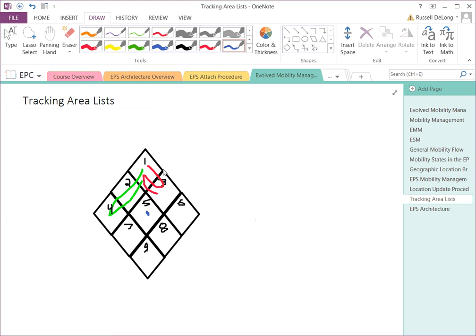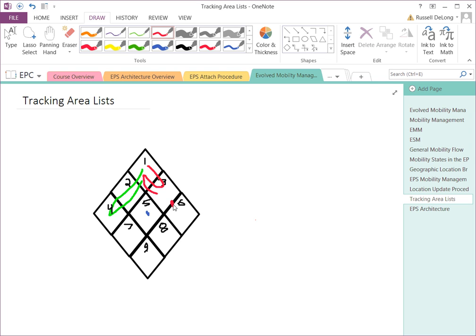Because you can have this concept of a tracking area list, where the last known or the last 3, let's say, tracking areas the user was in can be issued to the UE for his tracking area update procedure. This allows you to have this user-specific, more granular, more intelligent, more flexible tracking area update mechanism, where I only page the tracking areas that this specific UE is frequenting, and that way I can remove the burden of the user to constantly send me tracking area updates if he just happens to, let's say, live right at the border between 6 and 3.